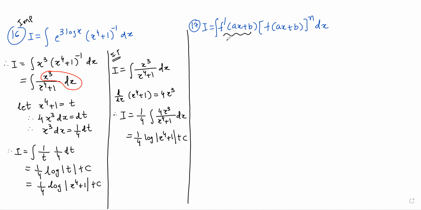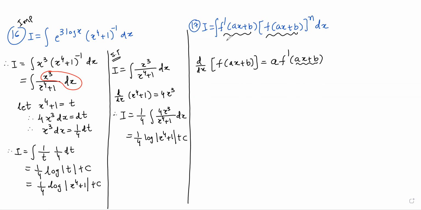This one is your f dash x. The d by dx of f of ax plus b is equal to f dash ax plus b. Again, the derivative of this part is a, so we need a.